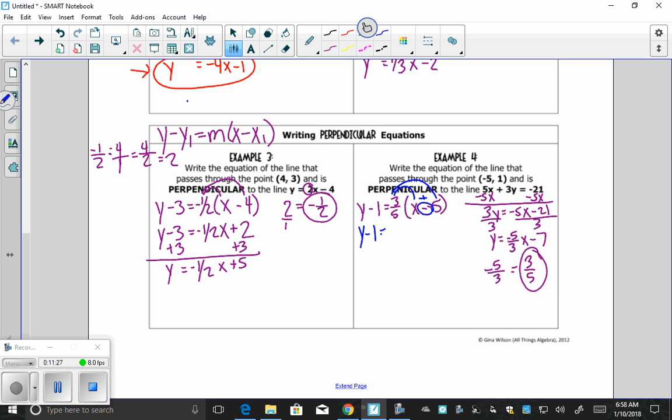Y minus 1 equals 3/5 x plus, here again, you have another fraction, 3 divided by 5 times 5 over 1. 3 times 5 is 15. 5 times 1 is 5. 15 divided by 5 is 3.